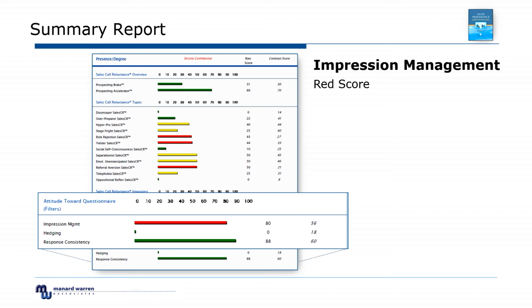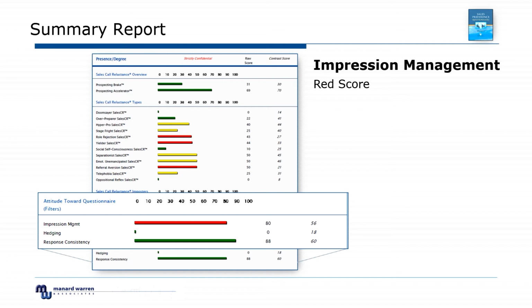There's a chance you may need to adjust some of your call reluctance scores because of your red impression management score. What your red impression management score actually means is that either consciously or perhaps unconsciously, you fudged a little bit when you completed the SPQ Gold call reluctance assessment.